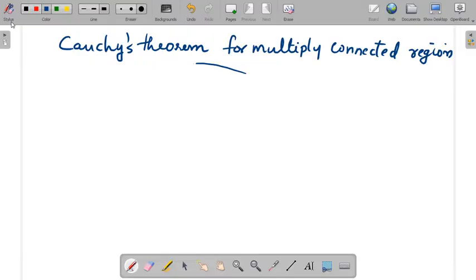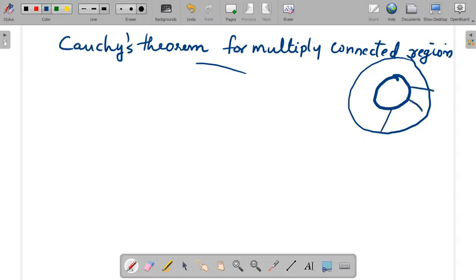In this class, we are going to discuss Cauchy's theorem for multiply connected region. Suppose we have a multiply connected region bounded by two curves C1 and C2. In individual curves C1 and C2, we take the direction of integration as anti-clockwise.